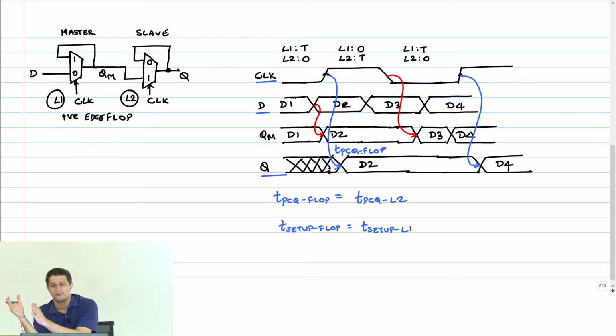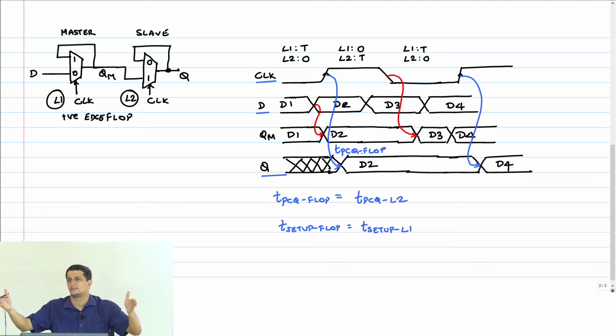In the other half, it is Q that is being held. Ultimately, you want a flop to hold the data through the entire clock cycle. How is that achieved? That's achieved by holding the data on L1 for half the cycle and holding the data on L2 for the other half.